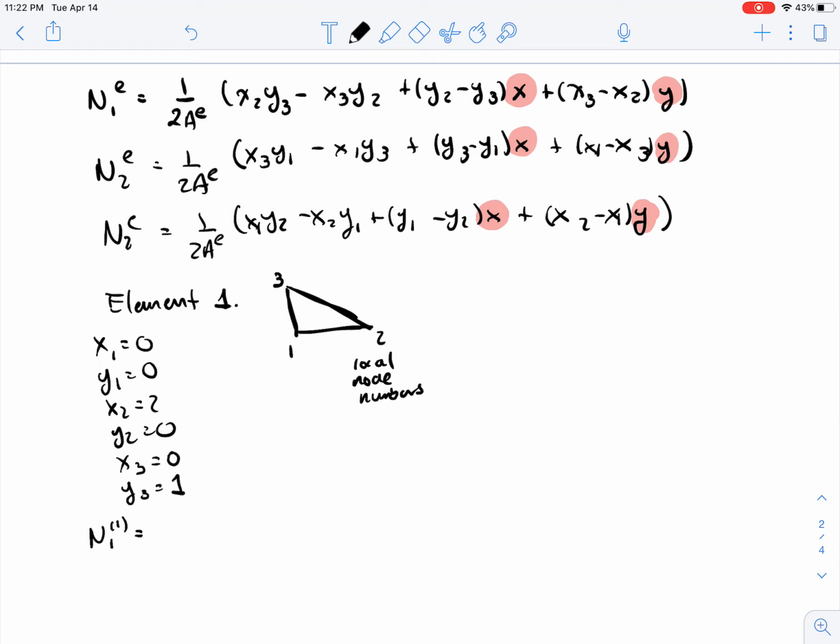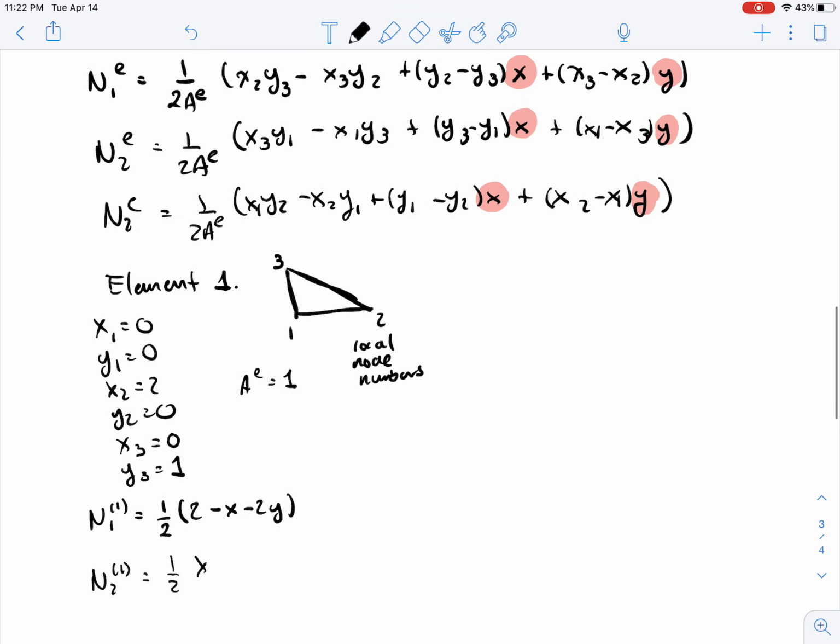And with that we can write out the shape functions. So N1 of element 1, just plug in the values here. The area of the triangle is 1. I'm going to skip the calculations because that's just plugging in numbers. So this will be 1/2 times (2 minus x minus 2y). Again, I'm just plugging numbers into this equation right here, so you can do that and check that I did it correctly.